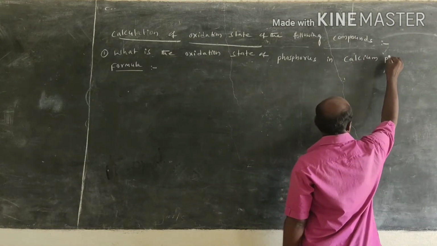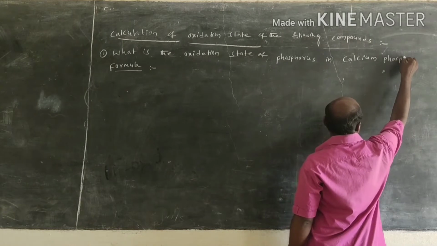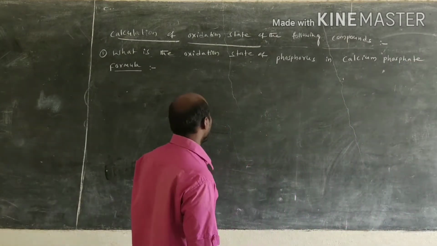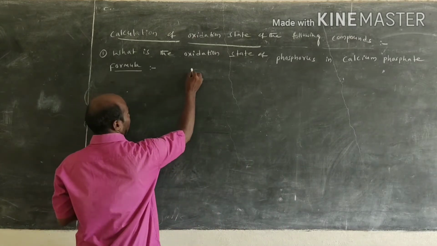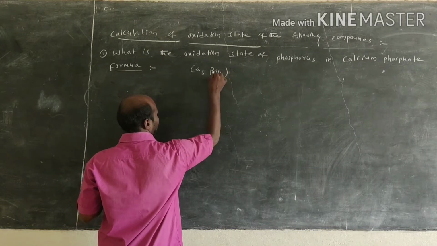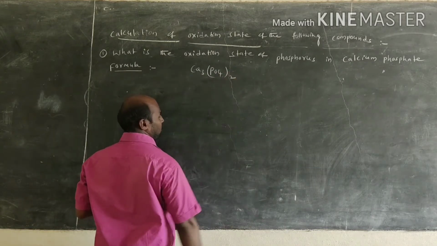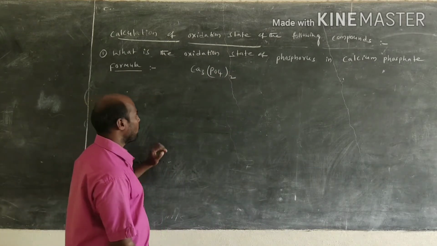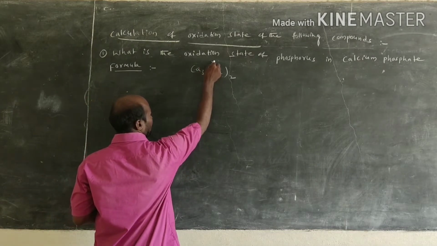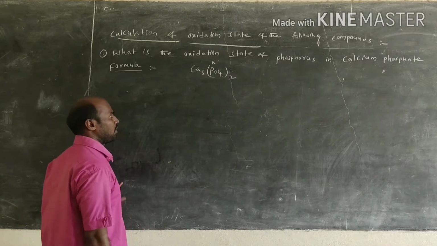Here the formula is Ca3(PO4)2. We don't know the oxidation state of phosphorus, so we call it X.